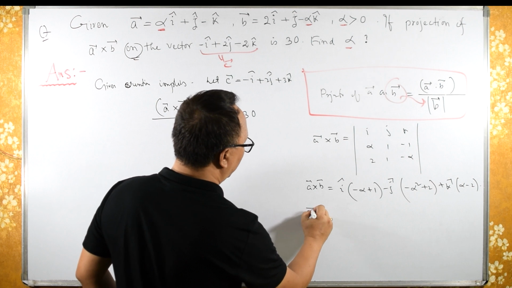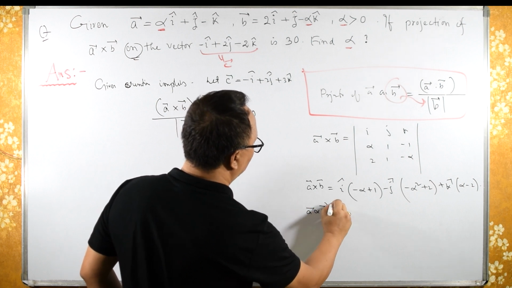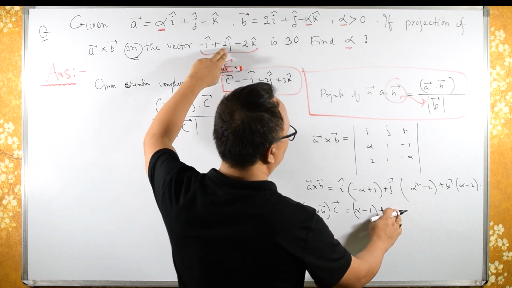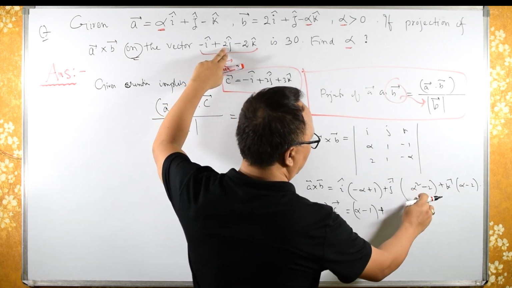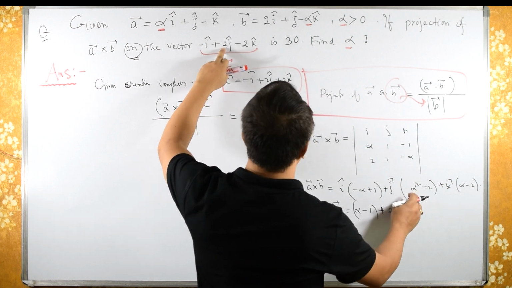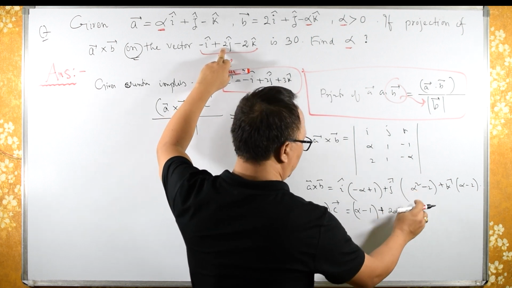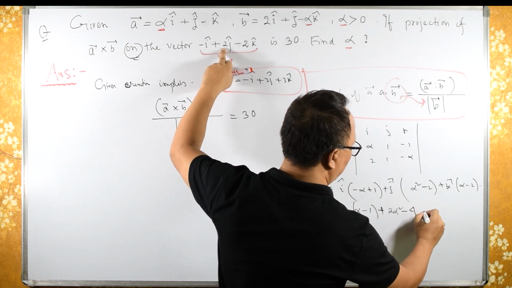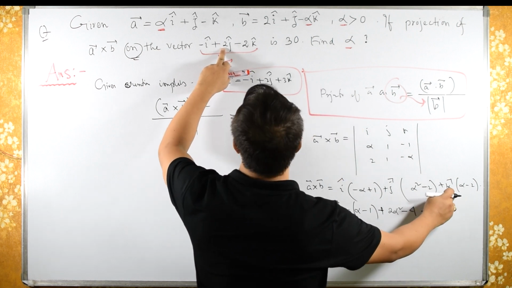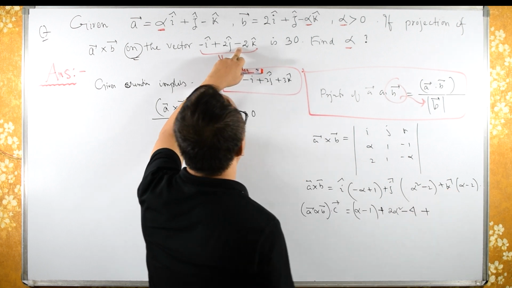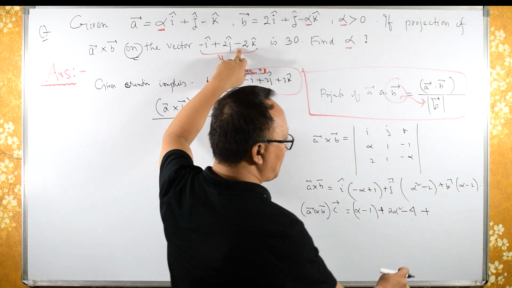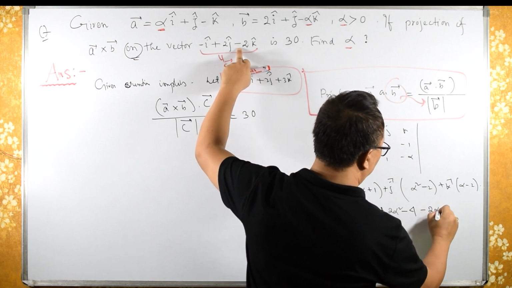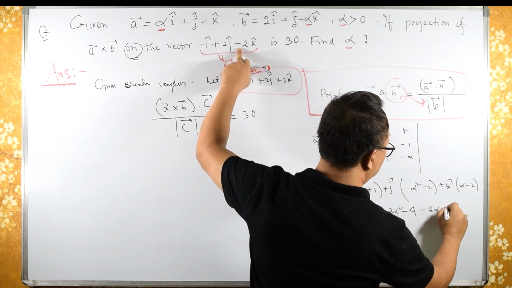So now a cross b dot c vector. Here j over here, so 2 into alpha square minus 2 is 2 alpha square minus 4, plus, here this is k, you have to multiply minus 2 over here, so minus 2 alpha plus 4.